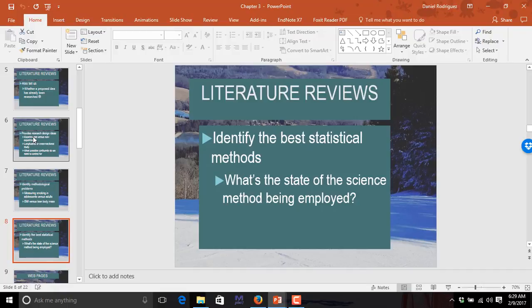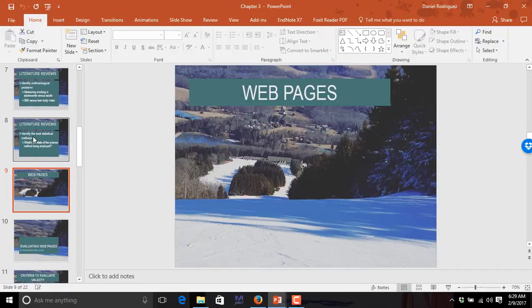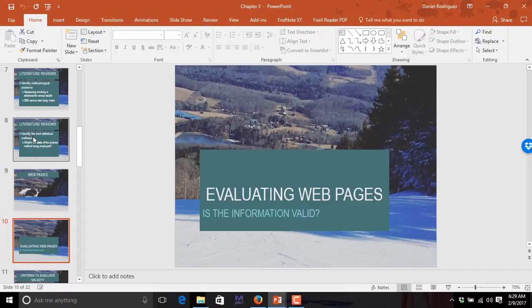But there are a variety of statistical methods that are prominent in a field or that are the state of the science at the time. And if you're not using those methods, you actually could be hurting yourself in terms of getting publications.